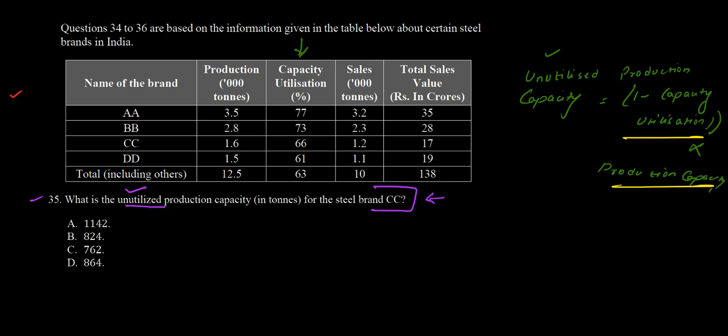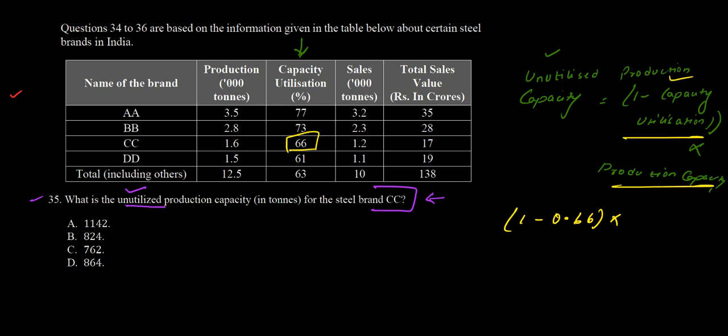So for CC, 1 minus capacity utilization will be equal to 1 minus 0.66, because this is in percentage. So 1 minus 0.66 into the production capacity.